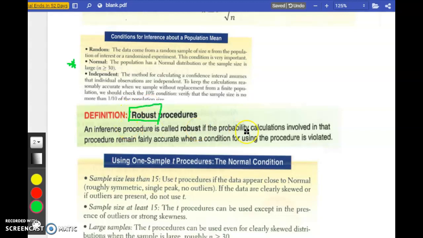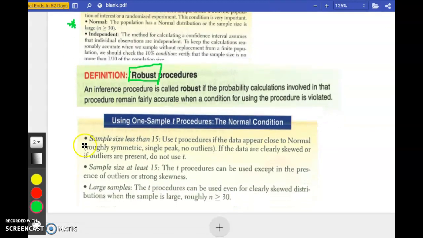And what robust means is the probability calculations will still be somewhat accurate regardless of the conditions being met. So even if one of these conditions kind of fails, with a t-distribution, the procedure is still good enough if any of those conditions aren't met.